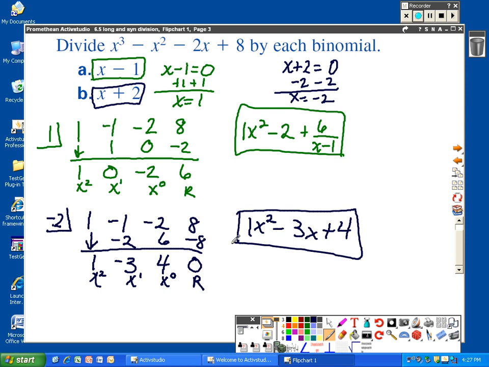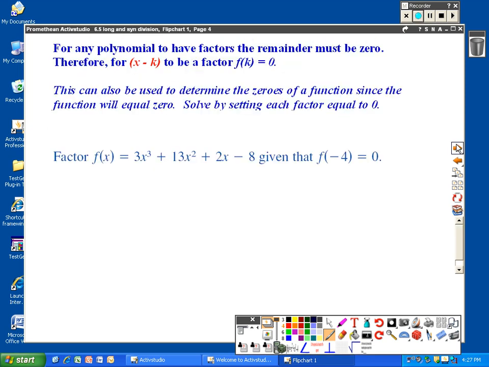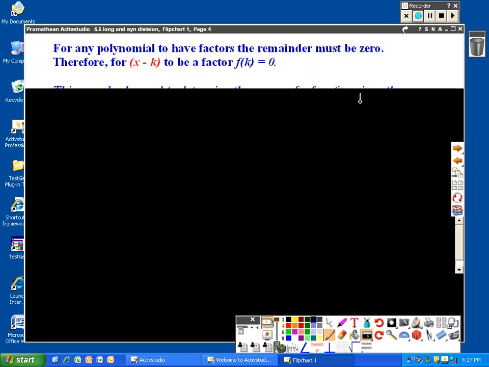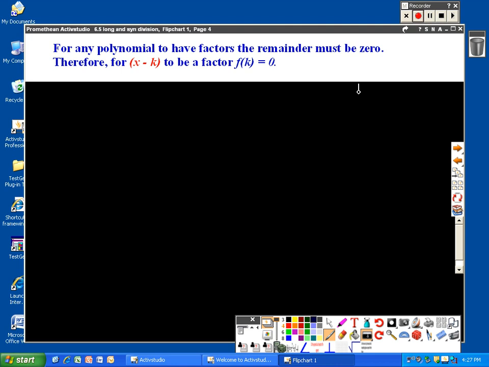So synthetic division comes in quite helpful when you're dividing by binomials, but if you have anything other than a binomial, you have no choice but long division. Now we're going to take this just one step further. For any polynomial to have factors, the remainder must be 0.